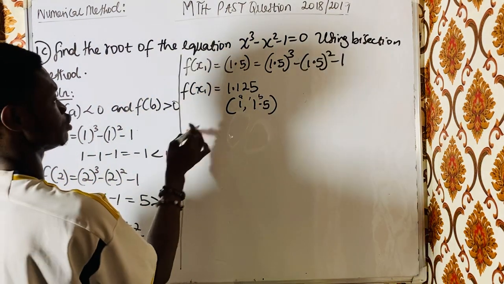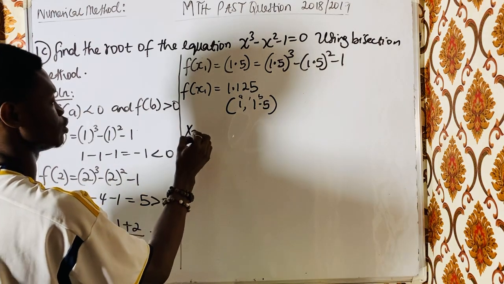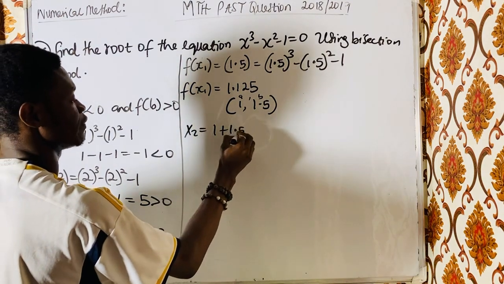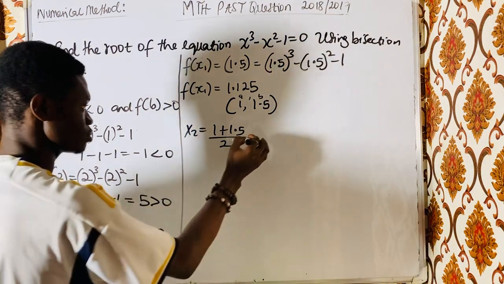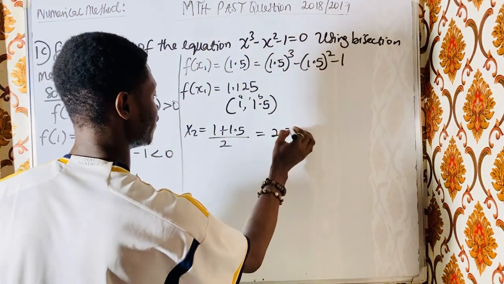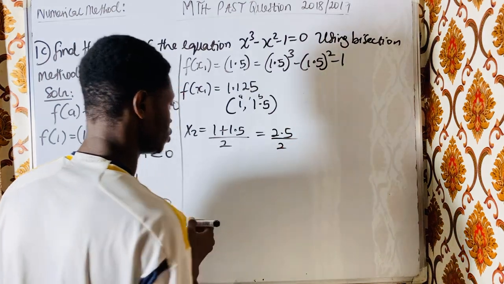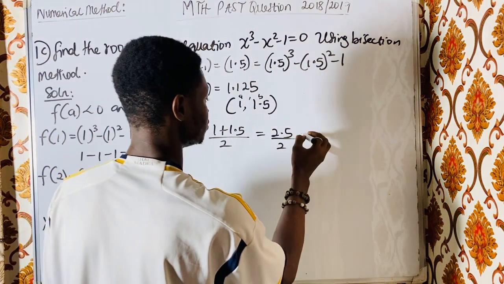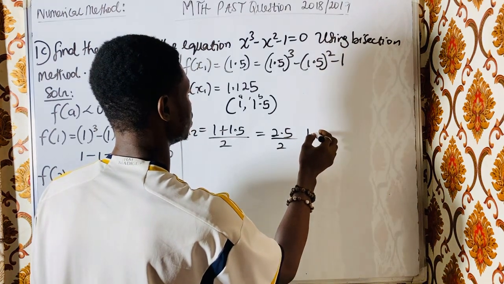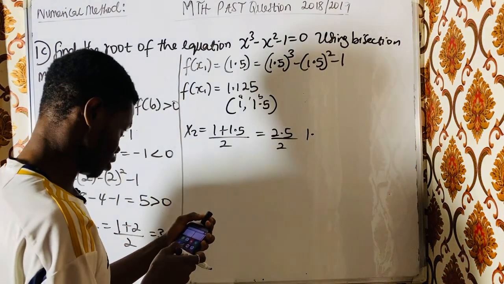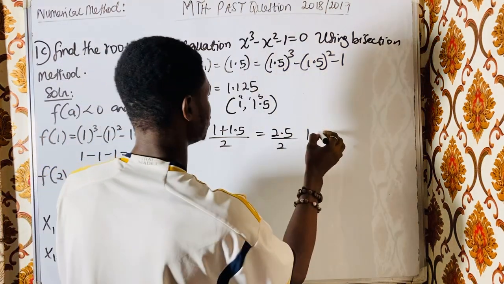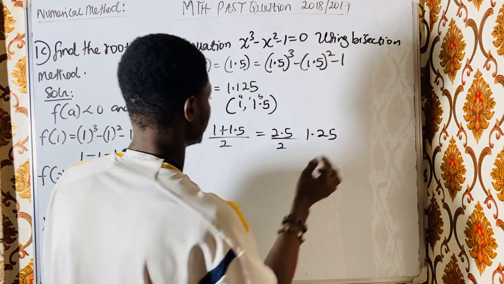Now we look for x2. It will be 1 plus 1.5 all over 2, which gives 2.5 over 2. 2.5 divided by 2 is 1.25.